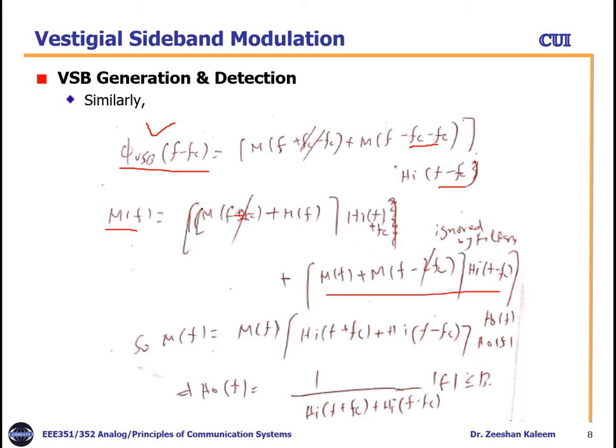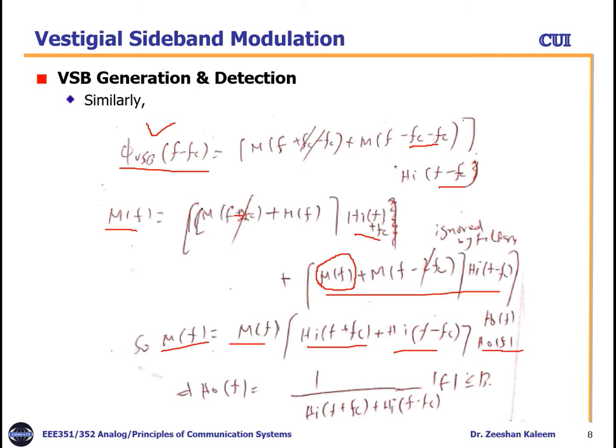You can just do the simple calculation, and because of passing through the low pass filter, as our targeted term is M(f) only, you know that the message is low frequency, so we ignore the high frequency term, so we cancel this one. In this way we can say that it is cancelled out. So what we are left with is M(f) = M(f)[H(f + fc) + H(f − fc)] H0(f), right?